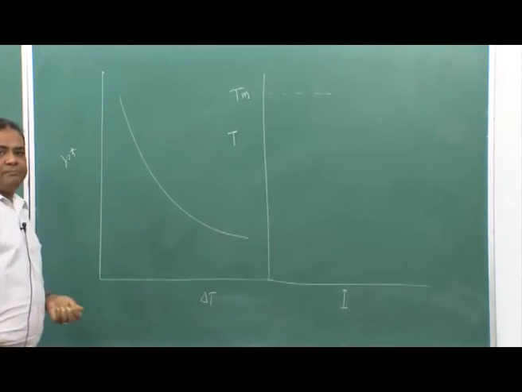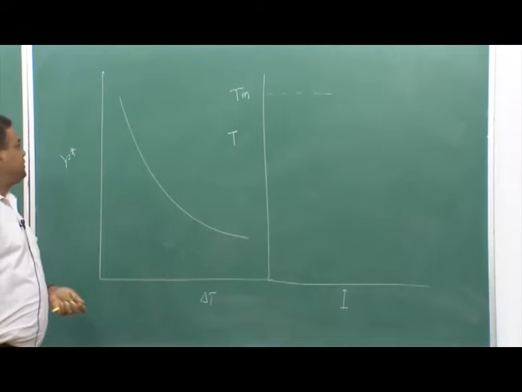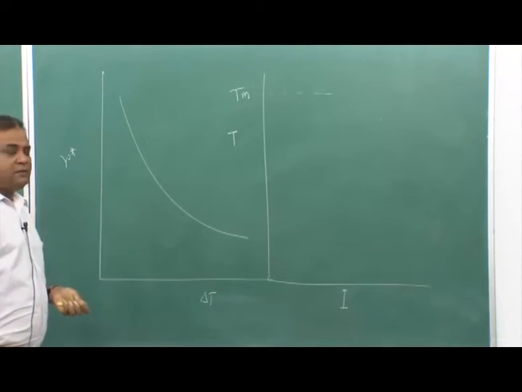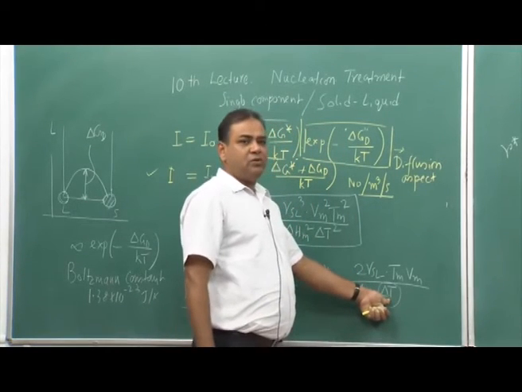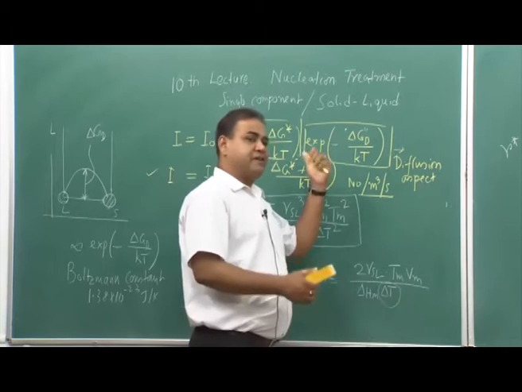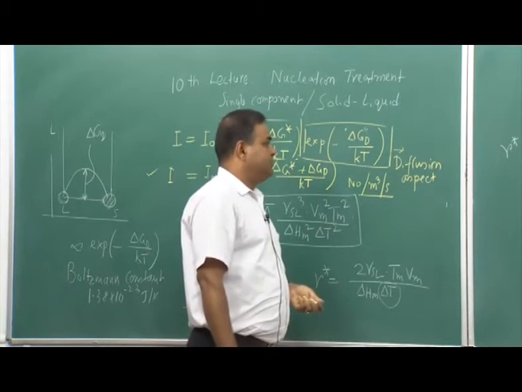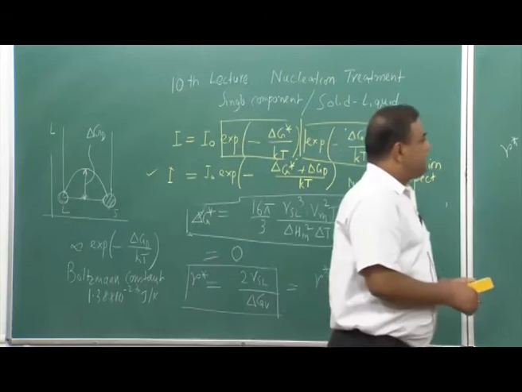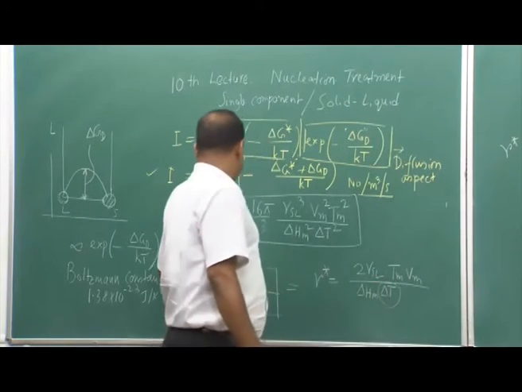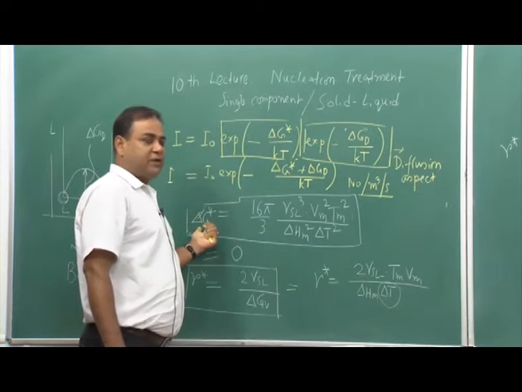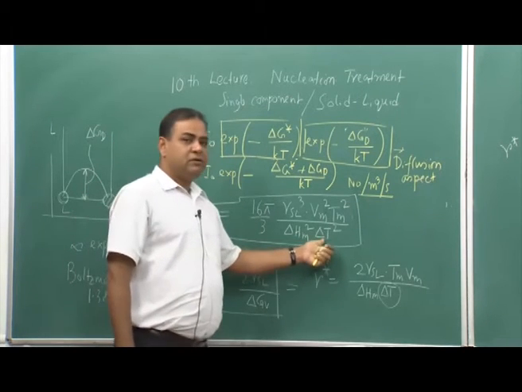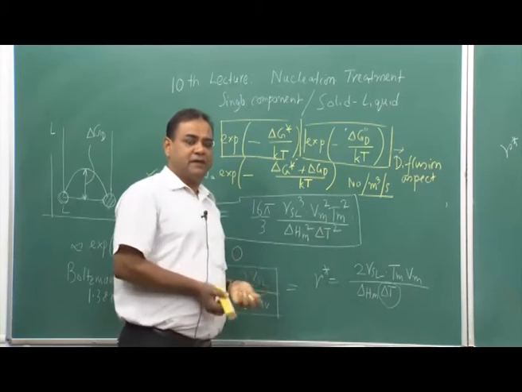At Tm, what would be the value of R star? At Tm, del T is 0, so R star is infinite. At the same time, if I try to see delta G star, at delta T 0, the delta G star value would be very high.